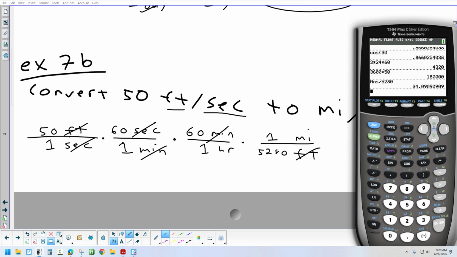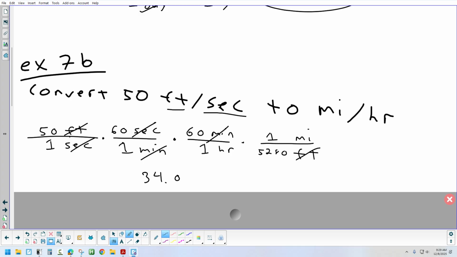So if something's traveling at 50 feet per second, that's 34.09 miles per hour. I would say generally we're going to stick with an abbreviation like miles and then slash hours rather than mph, just because it clearly shows miles is in the top of the fraction, hours is in the bottom, miles per hour.